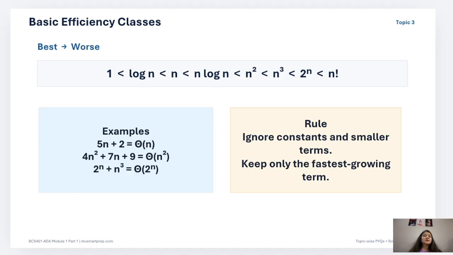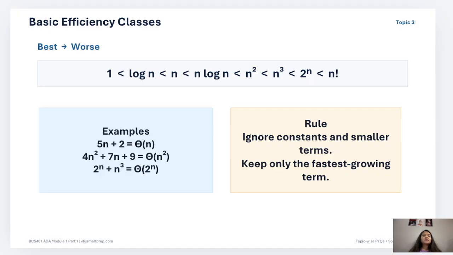So 1 is less than log n, which is less than n, which is less than n log n, which is less than n square, which is less than n cube, which is less than 2 raised to n, and 2 raised to n is less than n factorial. As we move from left to right, the complexity becomes worse, or you can say the worst case.